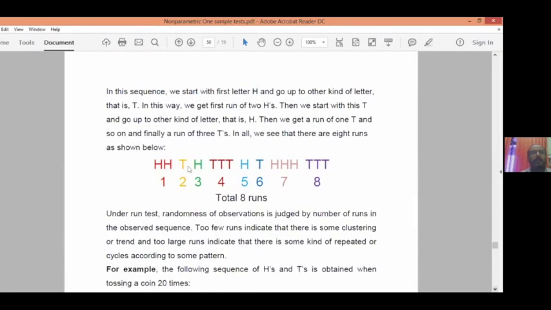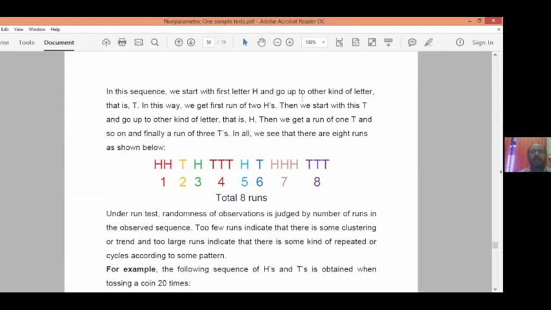In this sequence, we start with the first letter head and go to the other kind of letter, that is T. In this way, we get the first run of two heads. Then we start with this T and go to the other kind of letter, that is H, and we get a run of one T, and finally we have a run of three T's.